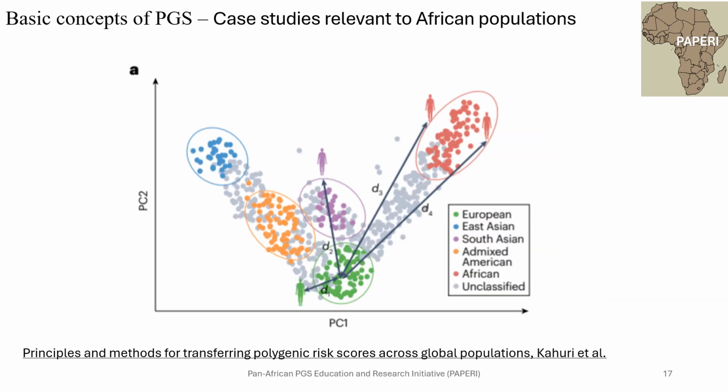Last, I want to briefly talk about the application of polygenic risk scores in African populations. A lot of what we're going to look at here can be relevant to the application of polygenic risk scores in any population.